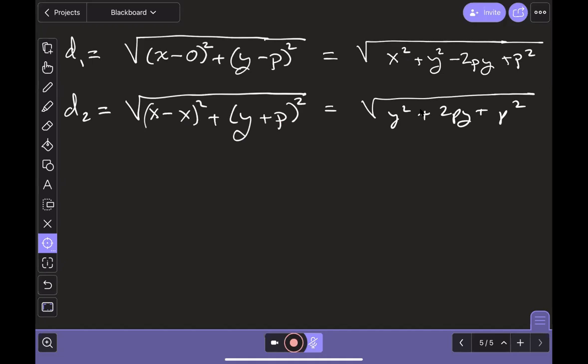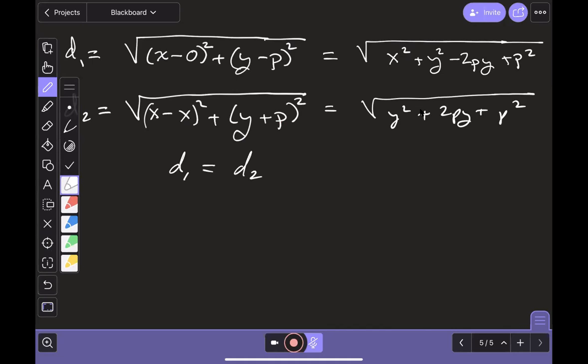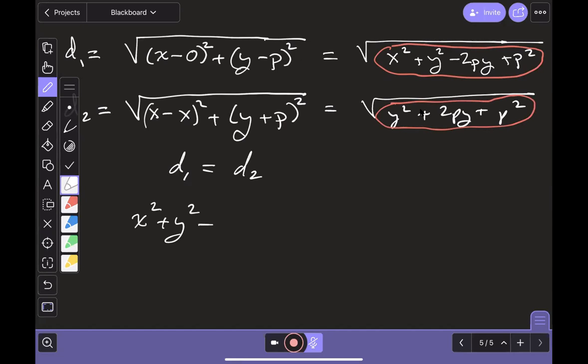What do I know, though? I know that D1 is identical to D2 by the defining feature of a parabola. So what does that mean? It means that this guy here has got to be the same as this guy over here. So that means x squared plus y squared minus 2py plus p squared is equal to y squared plus 2py plus p squared.